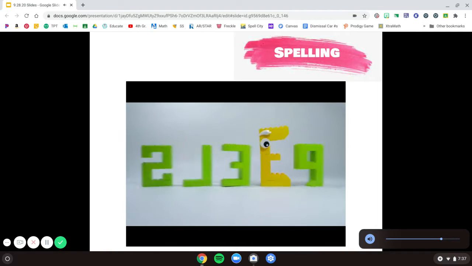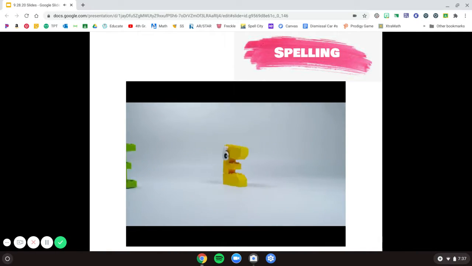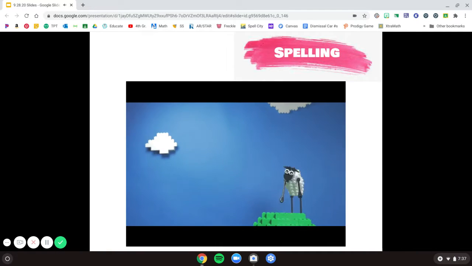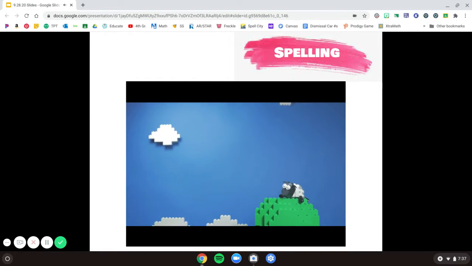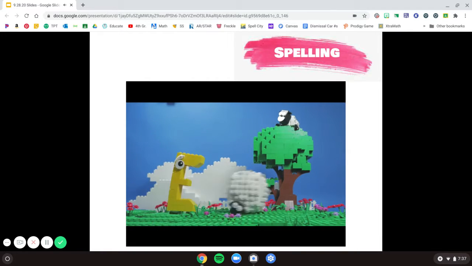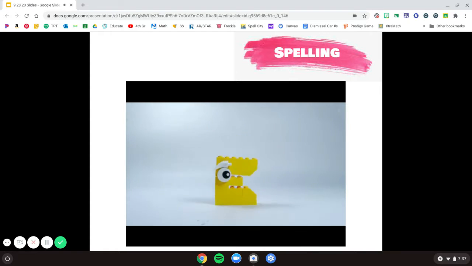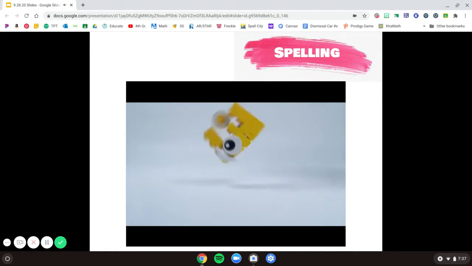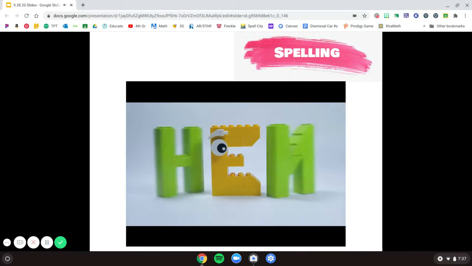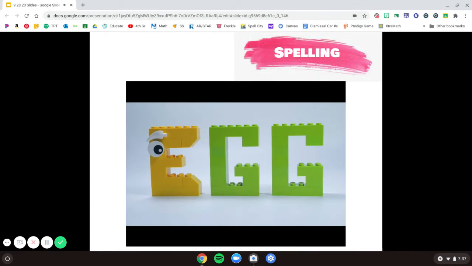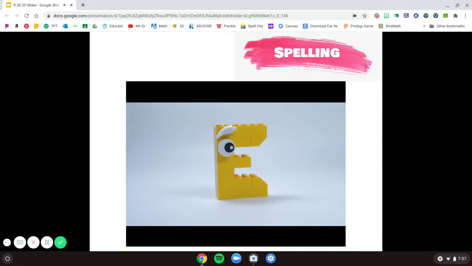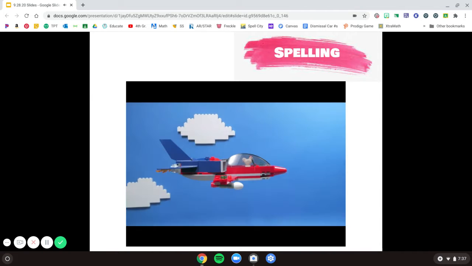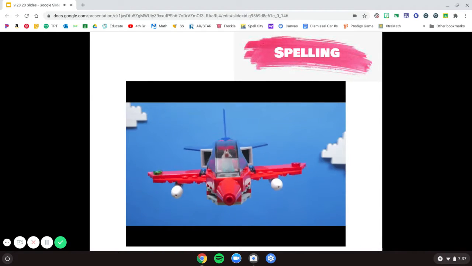Sleep. Tree. That's a long E. Sheep. Asleep. In a tree. That's a long E. E's got a long sound. E's got a short sound. Hen. Jet. Egg. That's a short E. Hen. In a jet. Laying eggs.